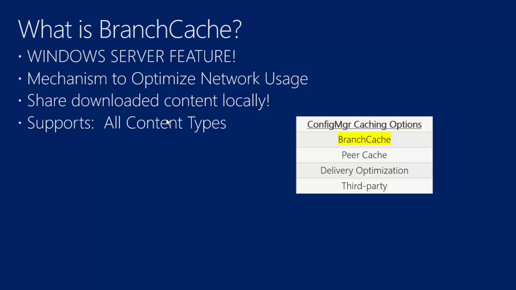I just don't know, but I know that third party exists as one option at least to help augment perhaps some of the things that you might want to do with BranchCache and OSD. And on the right-hand side, so we're working our way through the ConfigMgr caching options. Again, BranchCache is not a ConfigMgr piece, but ConfigMgr can absolutely leverage BranchCache, and so that's highlighted because we're talking about that today.